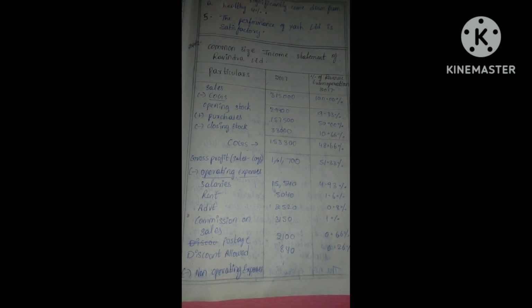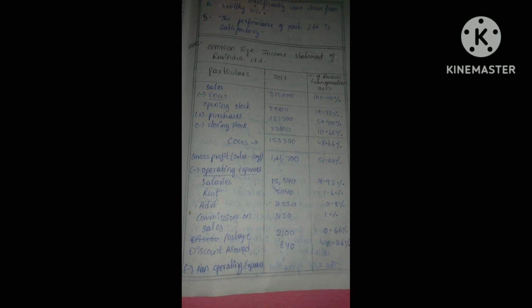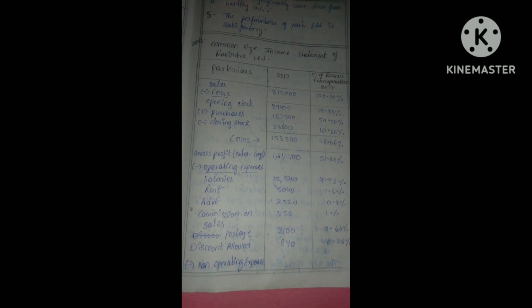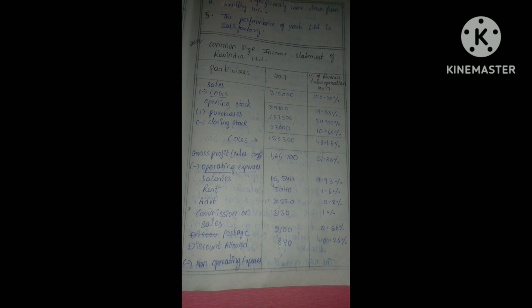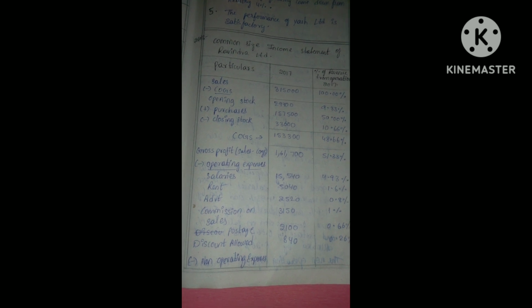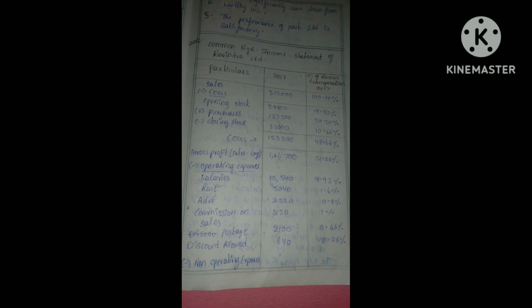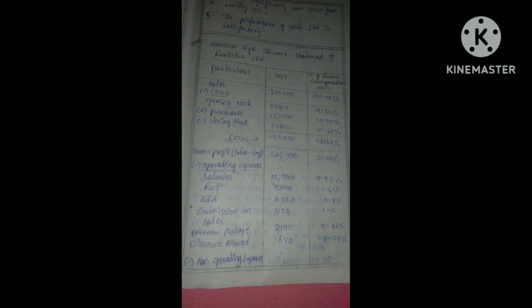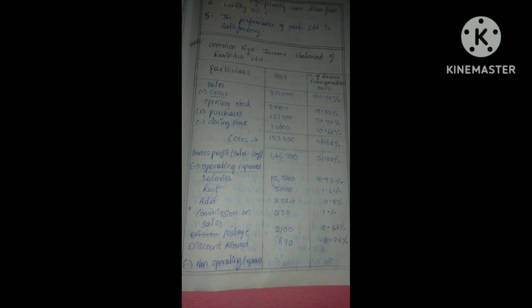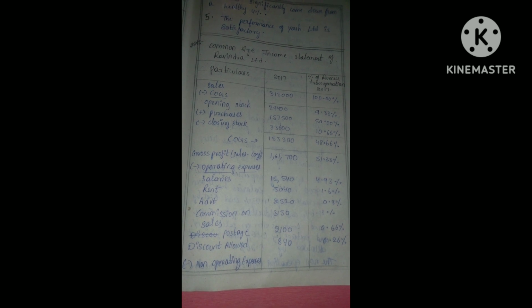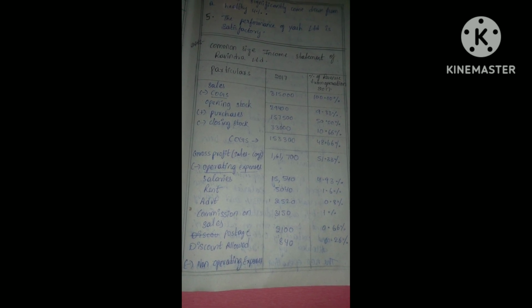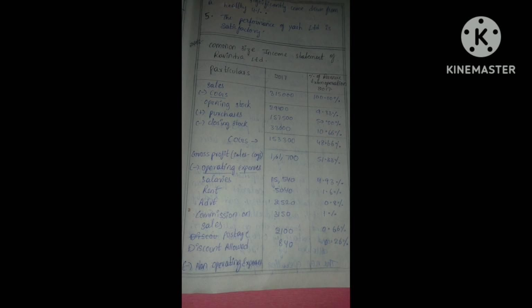So subtract operating expenses. Operating expenses, we have salaries, rent, advertisement, commission on sales, postage, discount allowed. So salaries 15,540 divided by 3,15,000 into 100, we will get 4.93%. And rent 5,040 divided by 3,15,000 into 100, we will get 1.6%.